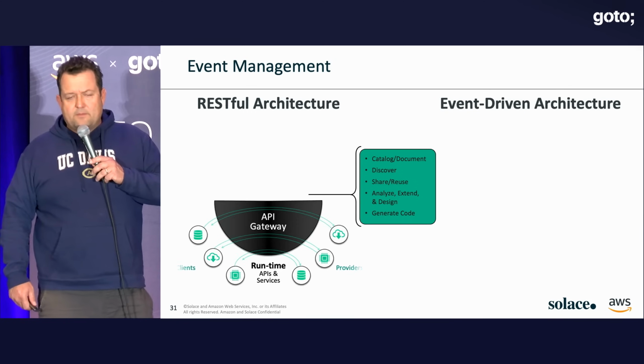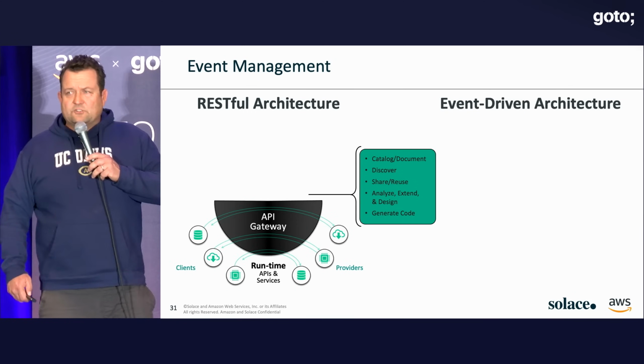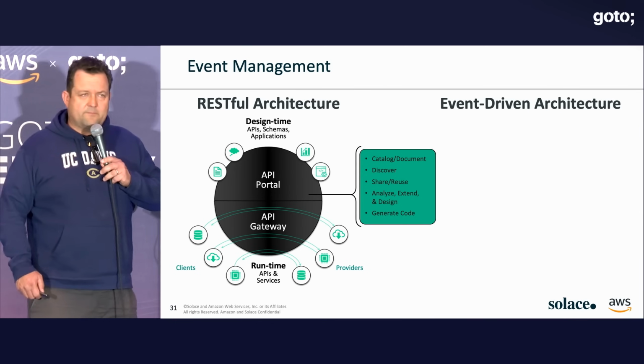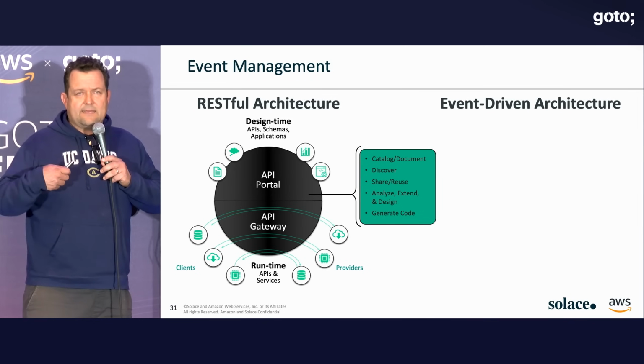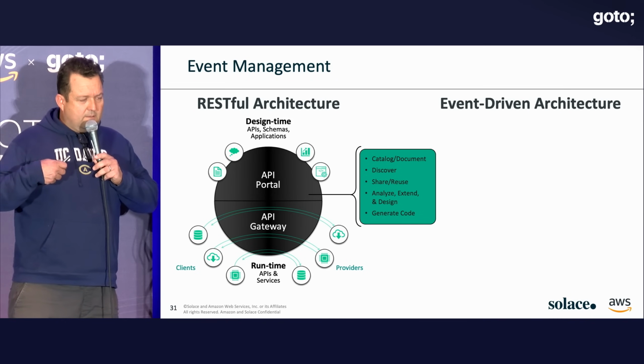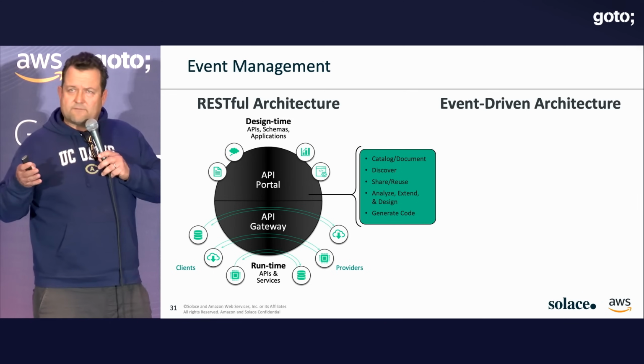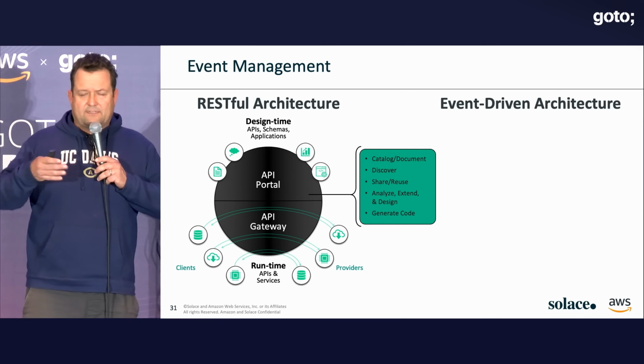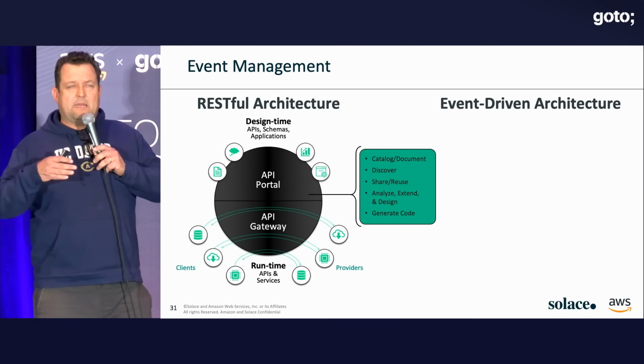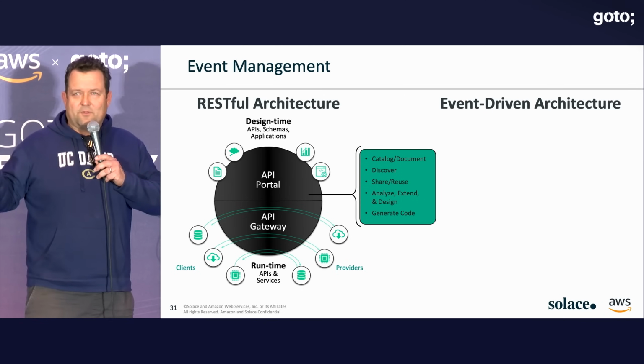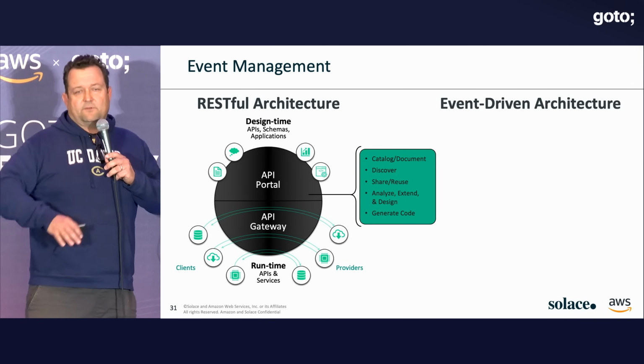Okay, and then the event management. For those who are familiar with APIs and API gateways, the maturation of the capability of API management came from the fact that at first you've got an API gateway, and maybe it's fronting old SOA services with RESTful interfaces.